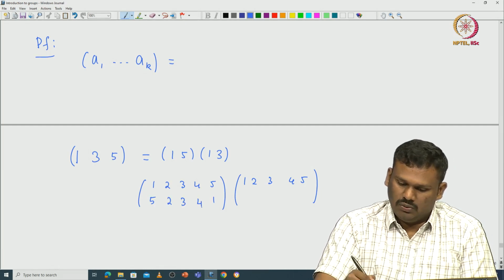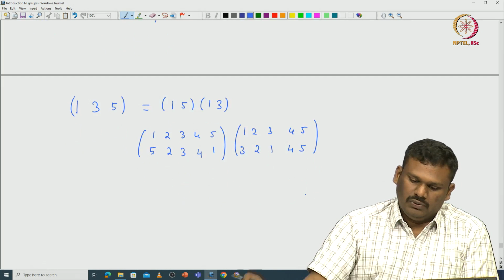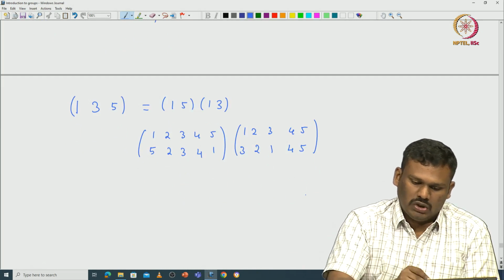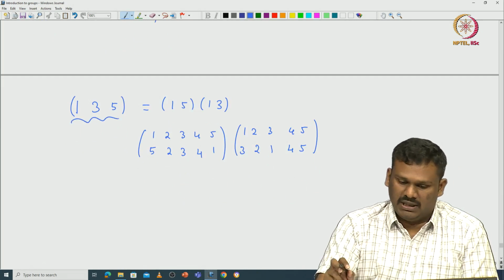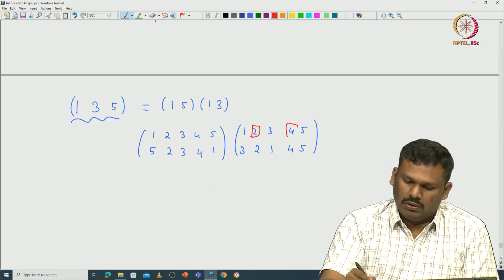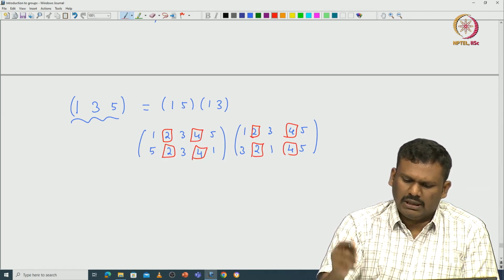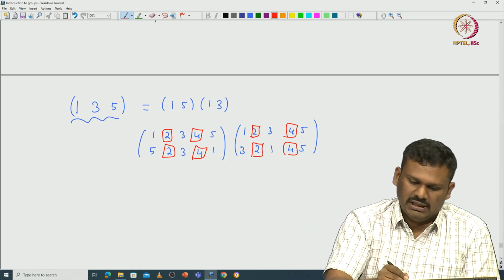And then 1 goes to 3 and 3 goes to 1, all other elements are fixed. If you take, for example, 2 and 4, which are not in the support of 135, they are fixed by both of these permutations. So in particular 2 and 4 are fixed in this product.